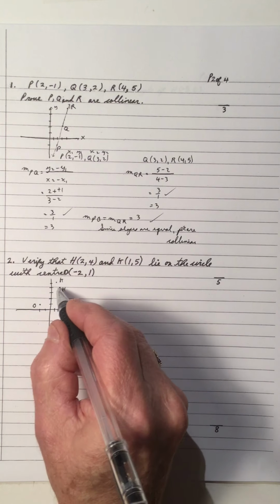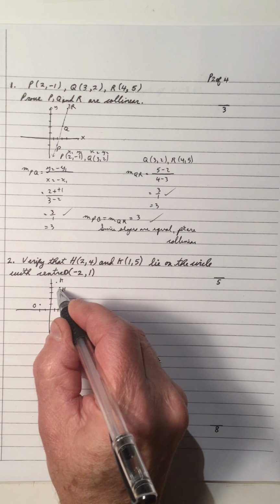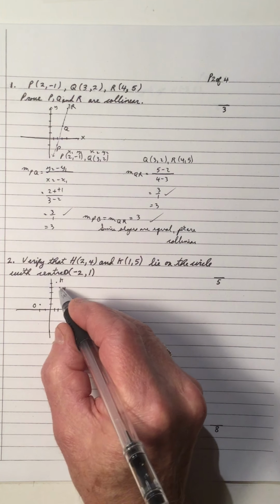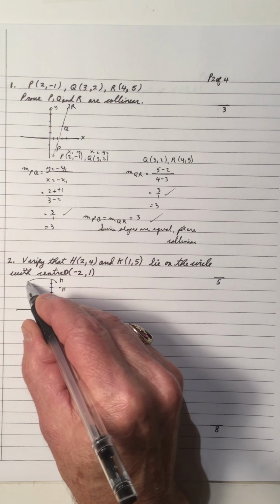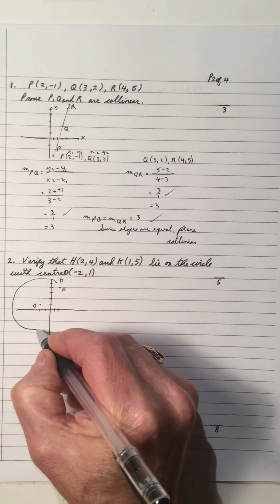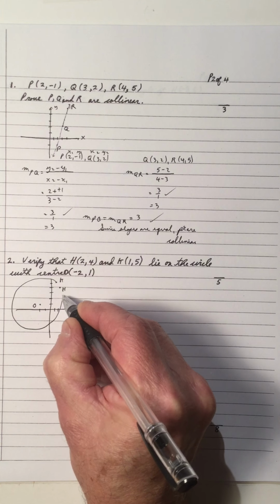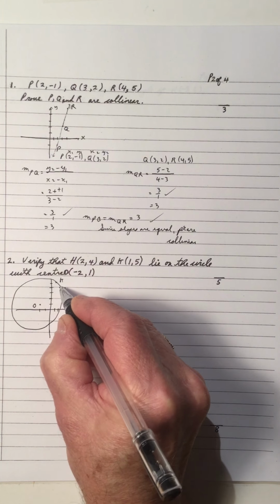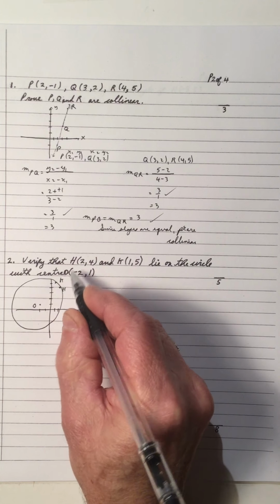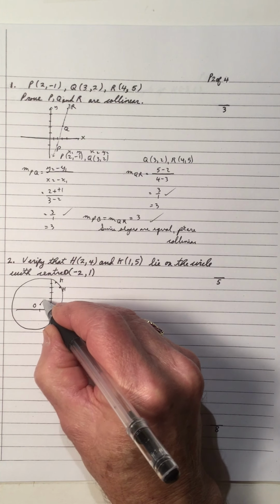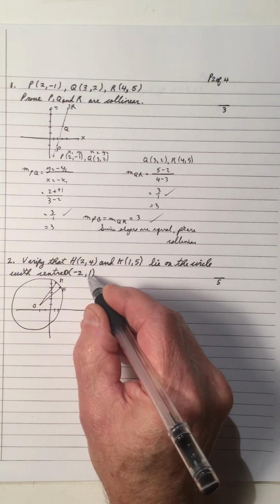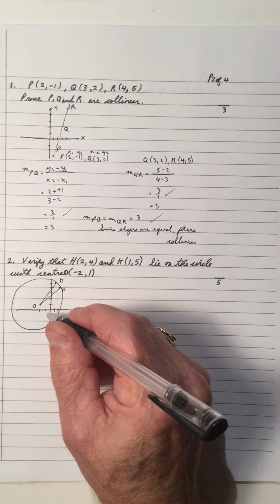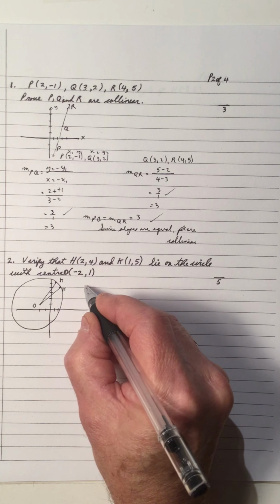So there is a circle that we draw, something like that, just a rough sketch. And notice that if these 2 points lie on the circle, that means OK and OH are radii.